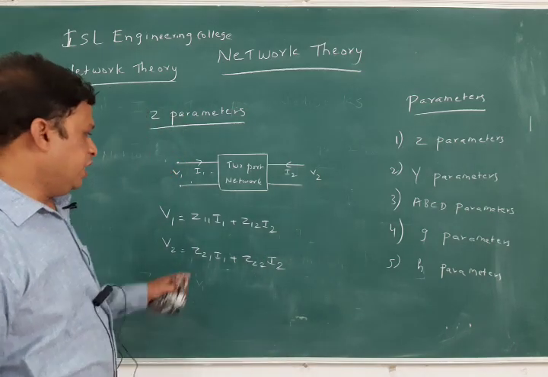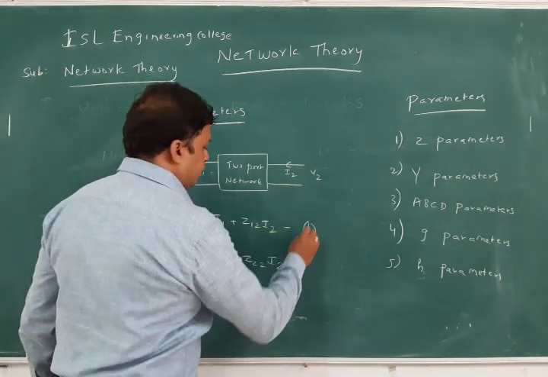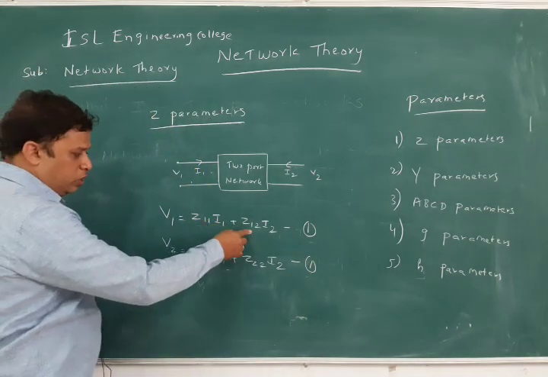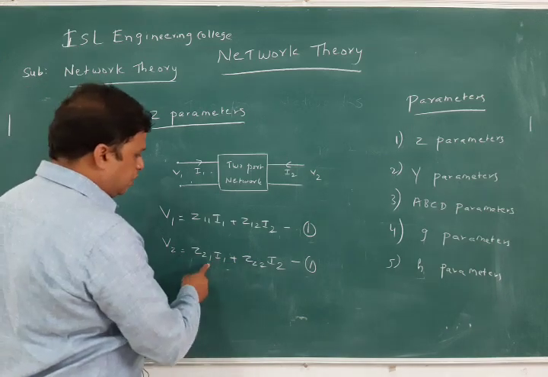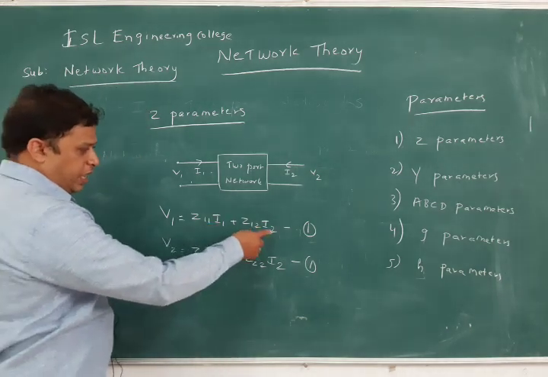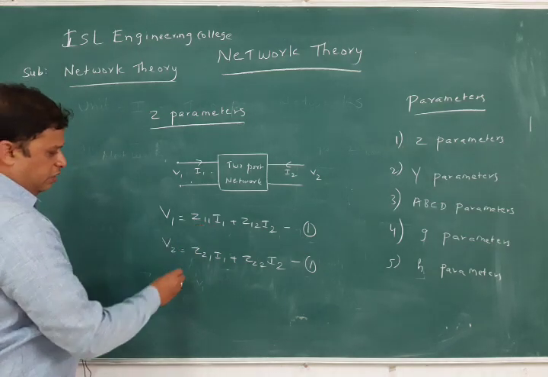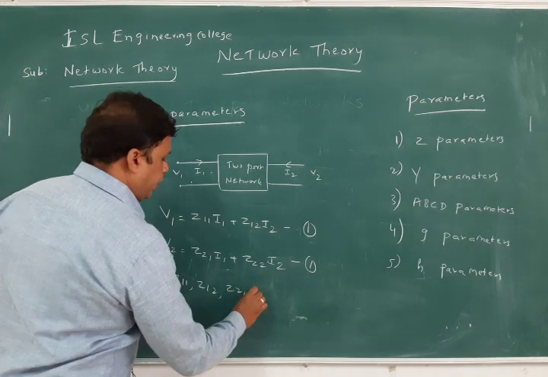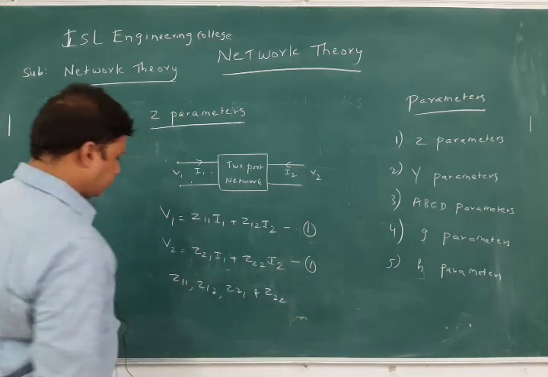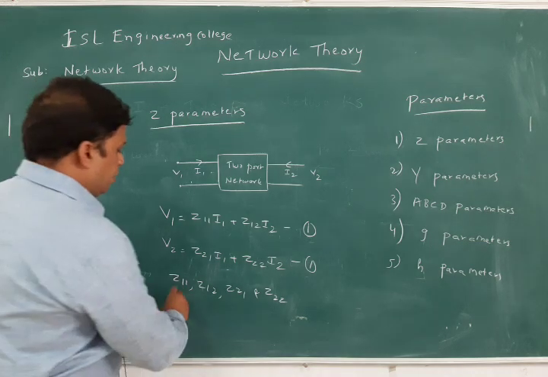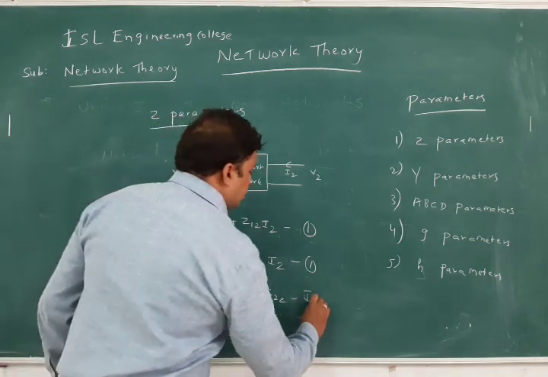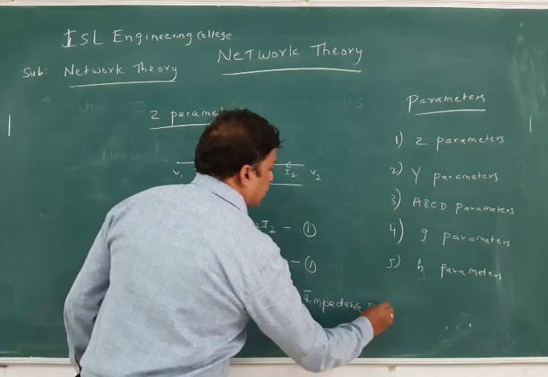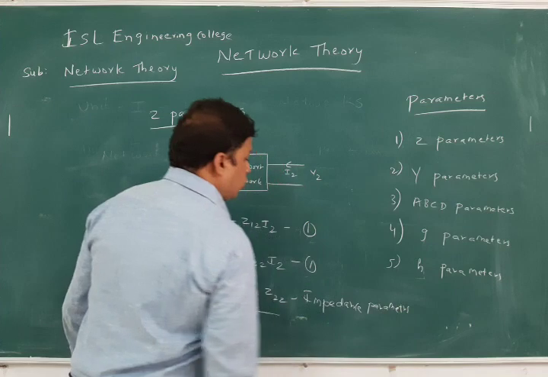Here we are writing the equations, these are called parametric equations, and the coefficients of the variables I1 and I2, that is Z11, Z12, Z21 and Z22, these are nothing but the impedance parameters, or we can say open circuit parameters.